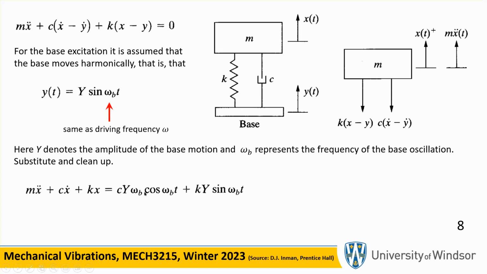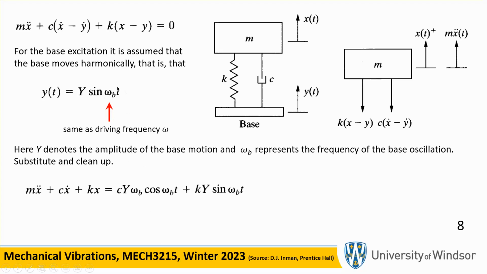The reason the right-hand side looks like that is because there is a y that ends up on the right-hand side, multiplied by k, and there is a y dot that ends up on the other side, multiplied by c, etc.